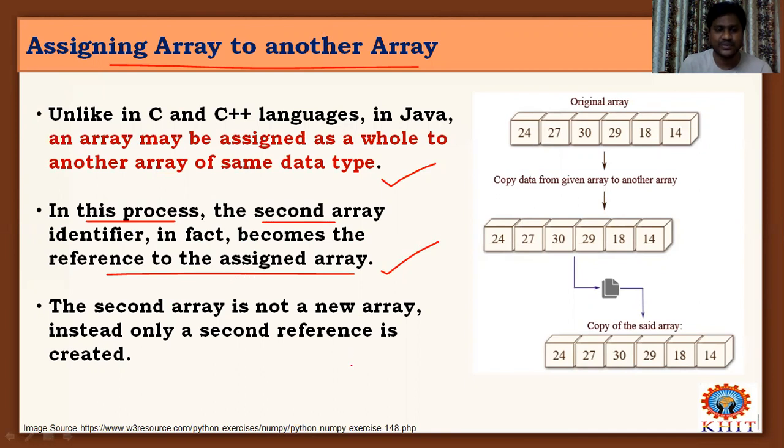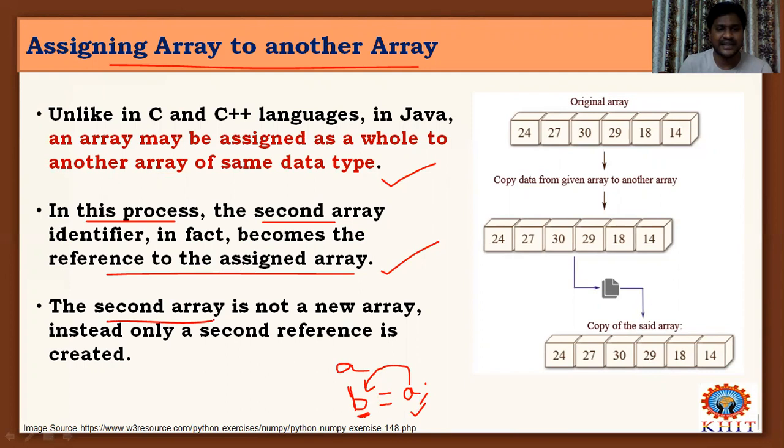I declared an array A, and assigned array A to array B. That means B is not a newly created array, it's just a reference to the existing array A. That is the difference in Java.